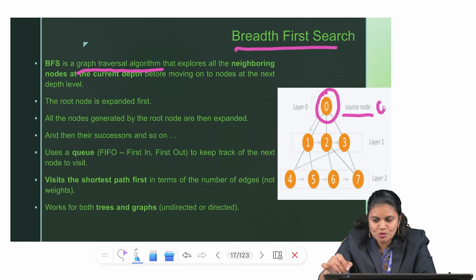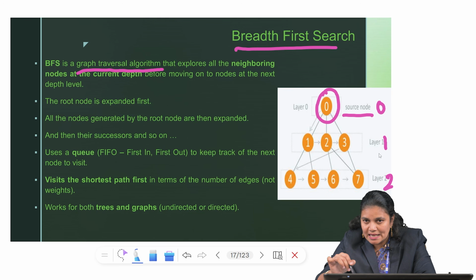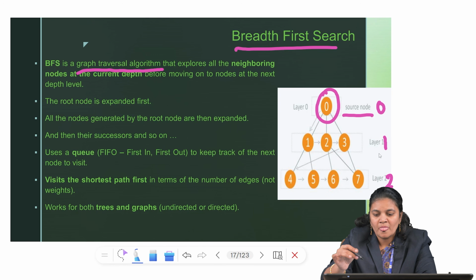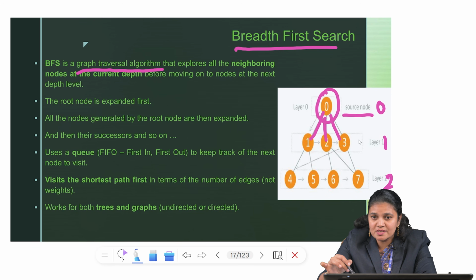As I said, this is depth 0, depth 1, depth 2 when we come across a tree structure. So here this is layer 1. Once the first layer is completed, we will move to the second layer. This is the basic structure of a breadth first search. All the children of 0 will be visited first. Once all the children are over, if there is a 4th child, it will be visited and then we will move to the next layer.